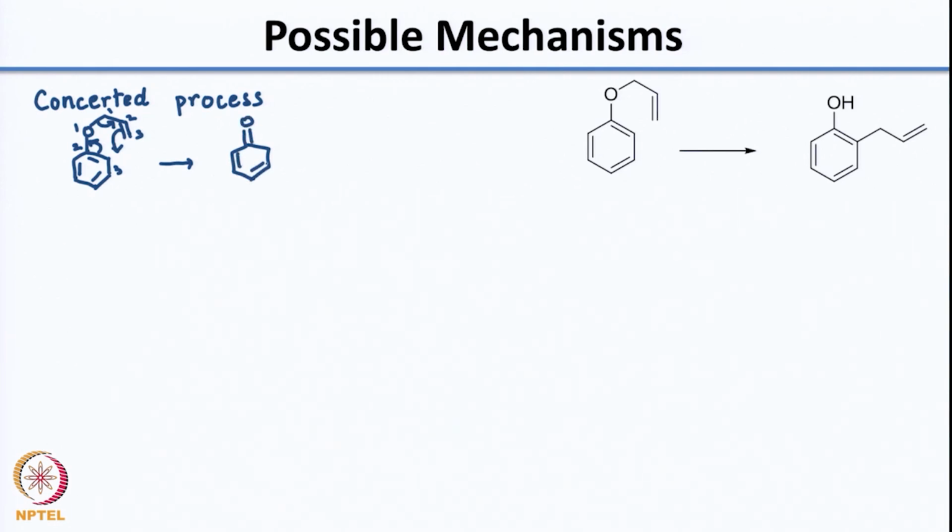Nothing happens to these bonds, so I am just leaving it as it is, and then this new bond is formed between the 2, 3 positions, and then you have this double bond, and then this tautomerizes to give you the final product which is shown. Now, this is the concerted process.